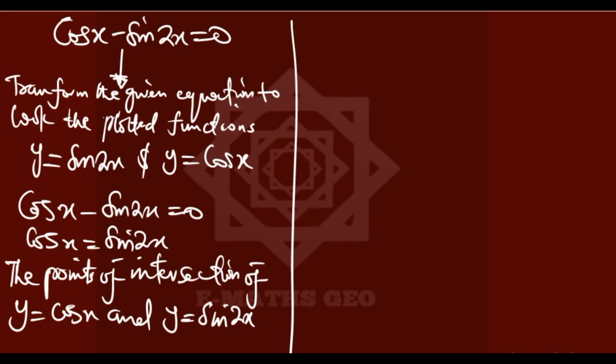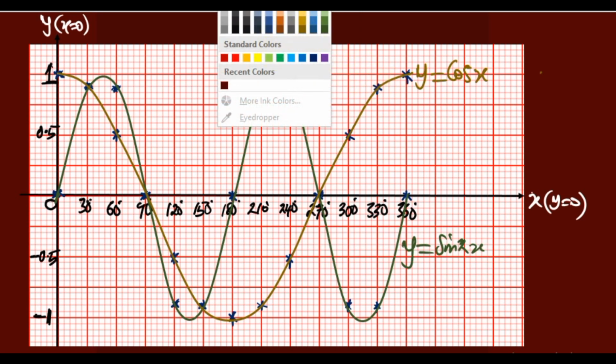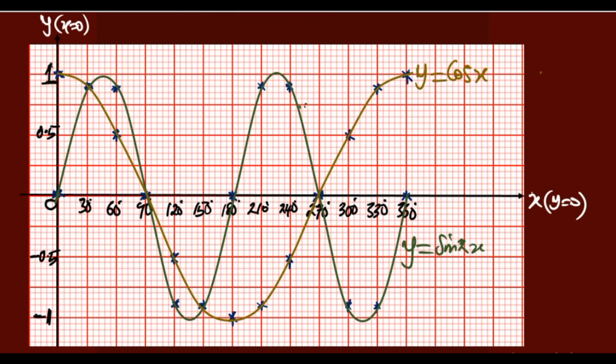So we'll go over to the graph and locate the points of intersection. Let's use black. You notice that they intersect here, so let's call it point A. That's the solution, the x value, which is 30.